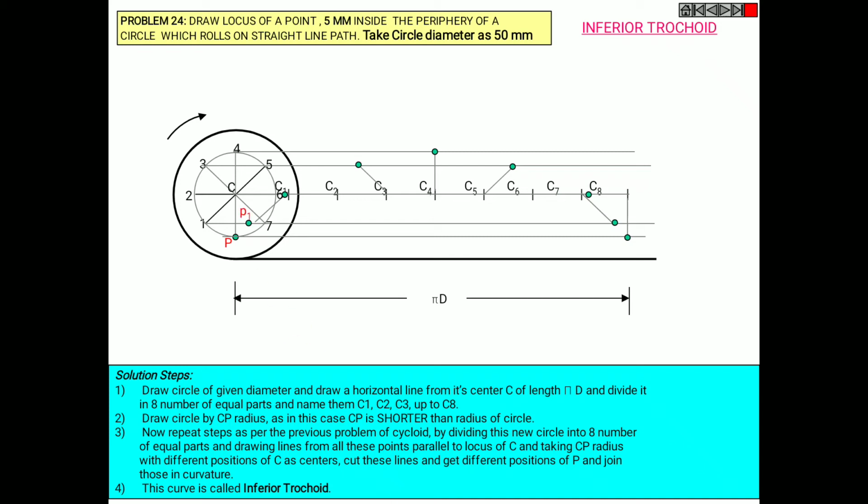For that, mention the points as P1, P2 and so on up to P8. Now join all the points. So this is your required curve called inferior trochoid. So take a couple of minutes in order to make this diagram.